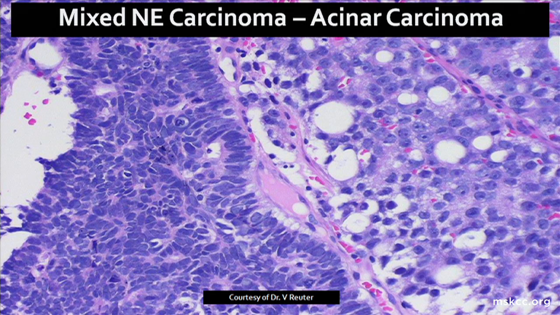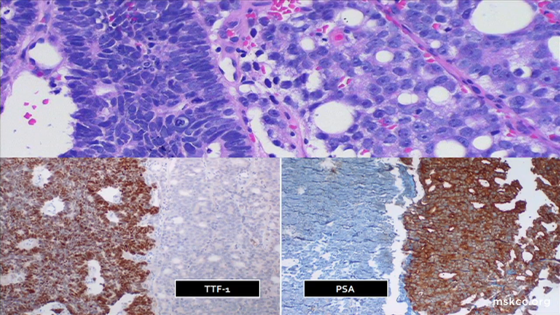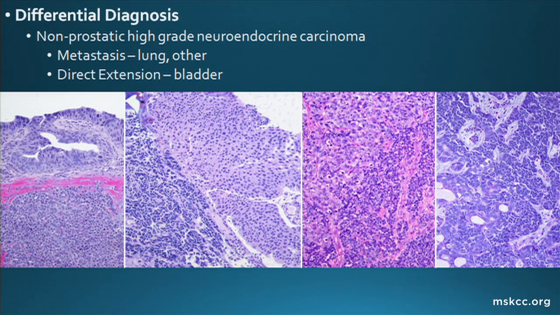Very commonly, about 50% of cases on presentation are seen in this mixed setting, where you have otherwise high-grade prostate cancer on the right, neuroendocrine carcinoma on the left, very nicely highlighted by differential staining for prostatic markers, and in this case, TTF1. From a differential diagnostic perspective, of course, metastasis from the lung or other sites.